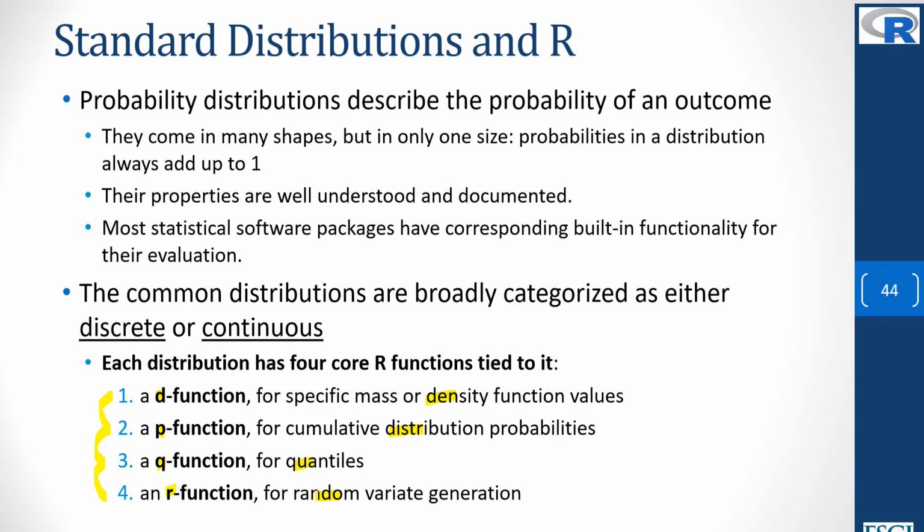We're not going to look at those, but we are going to look at the first 3, the D, P, and Q. Each of these has a name that is built from the distribution type. So for instance, for a normal distribution, we'll see a dnorm function, a pnorm, and a qnorm, and so on. These 4 functions are applied to the different distribution types, and they're specifically designed to do those calculations for that type of distribution.